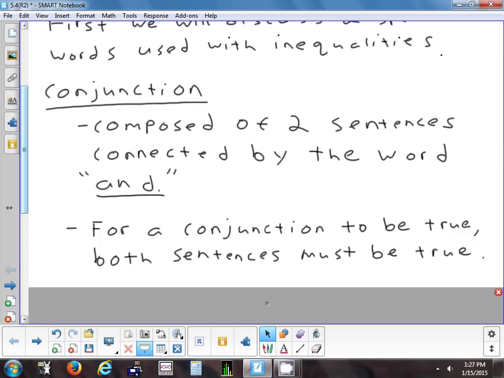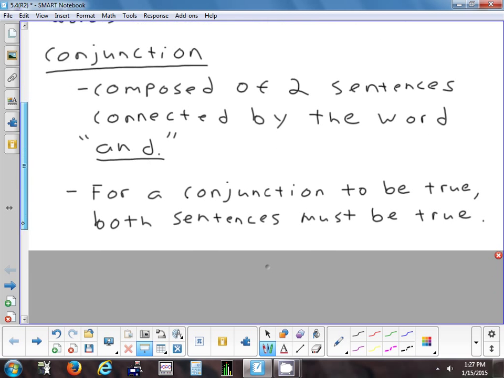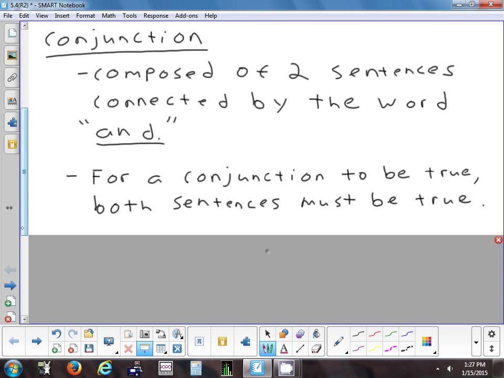So that's the idea of a conjunction. Guys, I also want you, in the little set of quotations where it says conjunction, to put and right next to it.